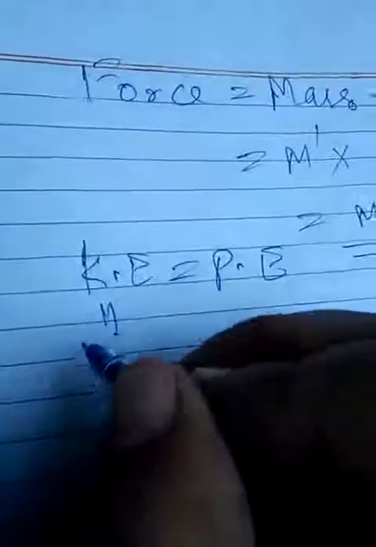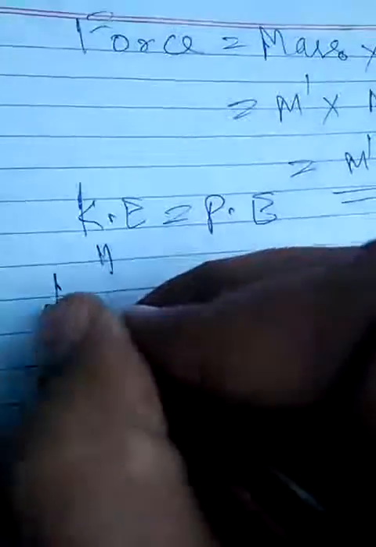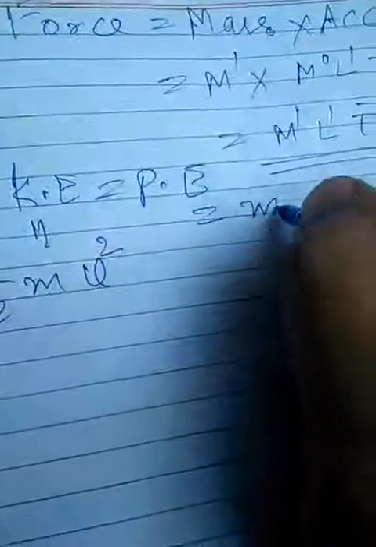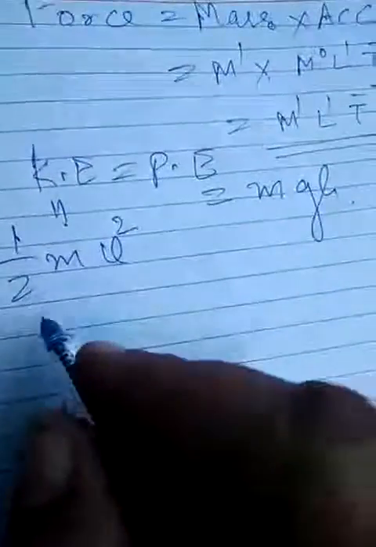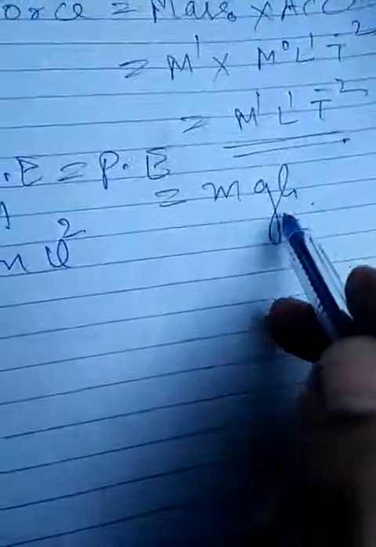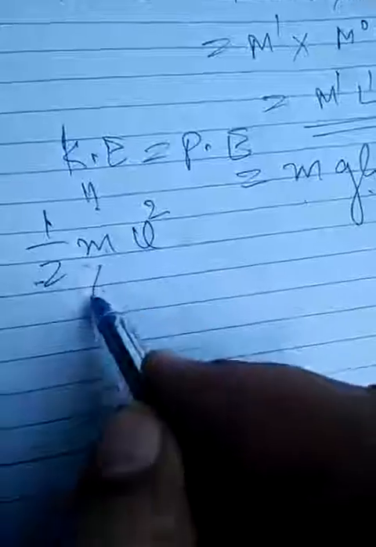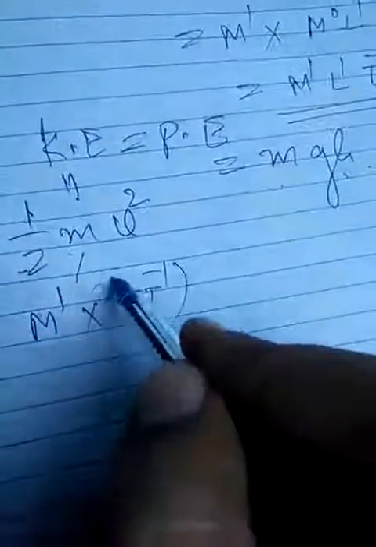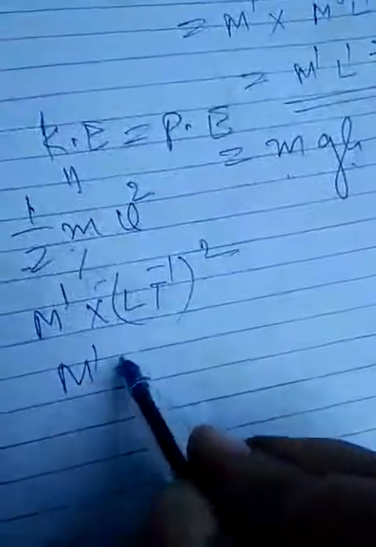Now next is energy, which can be kinetic energy or potential energy. The formula of kinetic energy is half m v square, and the formula for potential energy is mgh. Half does not have any dimension, so it has dimensions of M1, and L T minus 1 whole square, so it will be M1 L2 T minus 2. So this is the dimensional formula for kinetic energy.